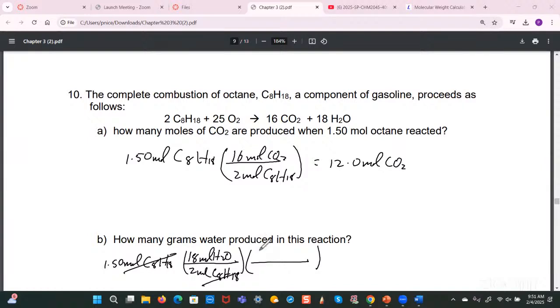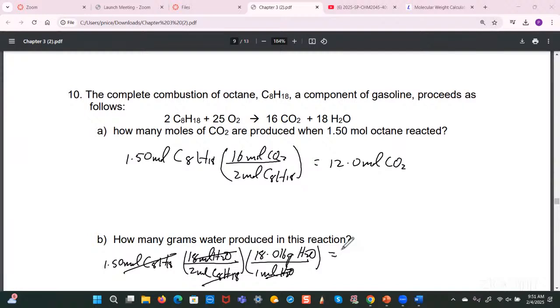So you said what? 18.016 is what? Oh, okay. Yeah, 18.016 grams of H2O would be the numerator. 1 mole of H2O would be below. That goes with that.